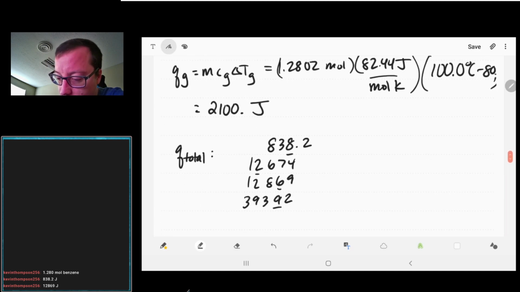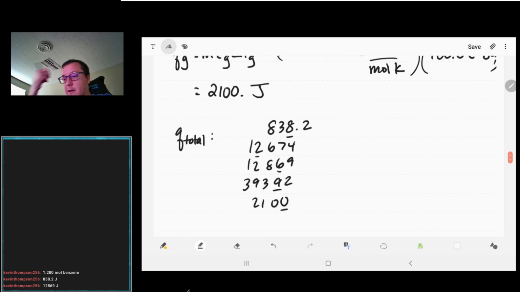And then 2100. Oh, how exciting. Let's add all this up. This is really, I guess, at this point, just a sig fig problem, isn't it?